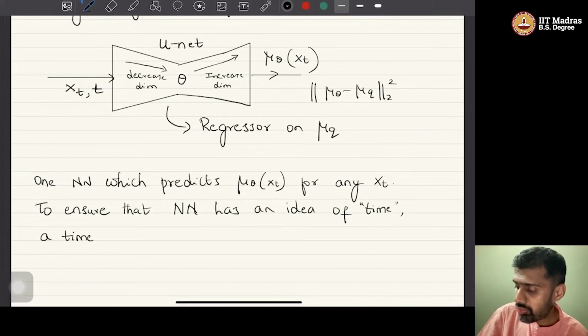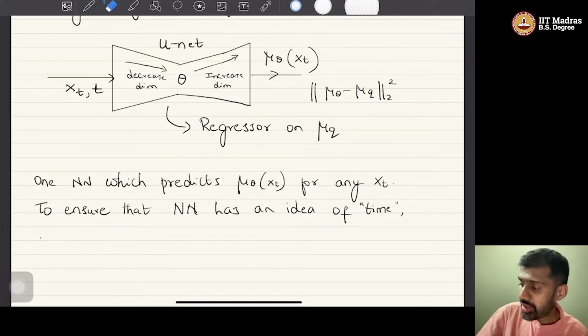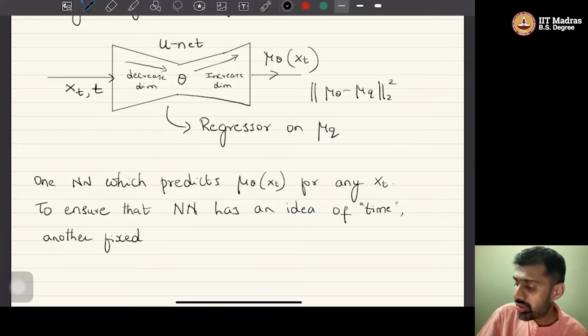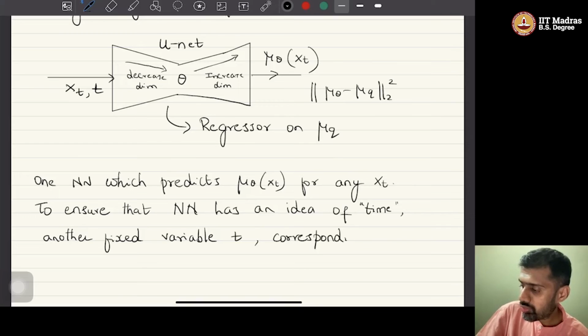Another fixed variable corresponding to time, variable t, corresponding to the time of xt, is given as input.